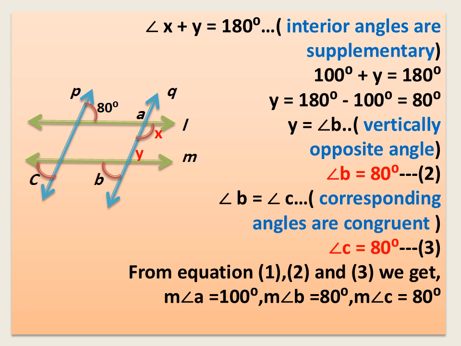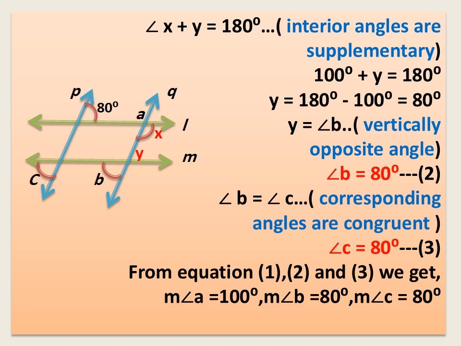Therefore, Y is equal to 80 degrees. Now, angle B and Y are vertically opposite angles. Therefore, Y is equal to angle B because vertically opposite angles are equal. Therefore, angle B is equal to 80 degrees. Mark this as equation number 2.